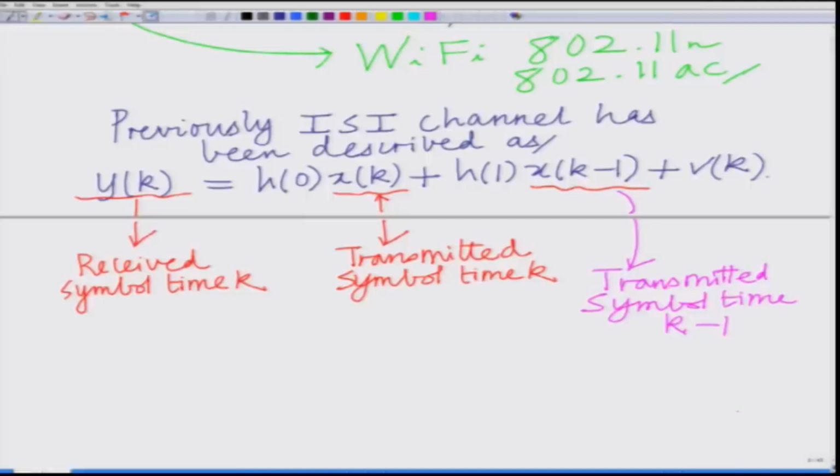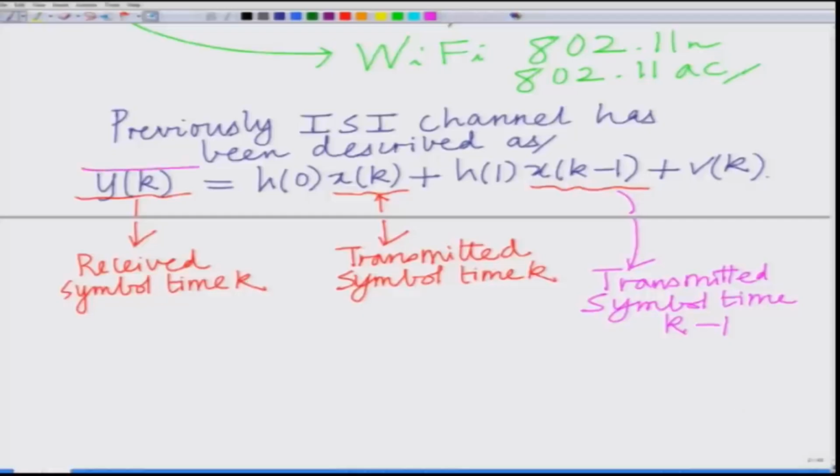So, the past symbol is interfering with the present symbol. This is the model for your ISI channel.